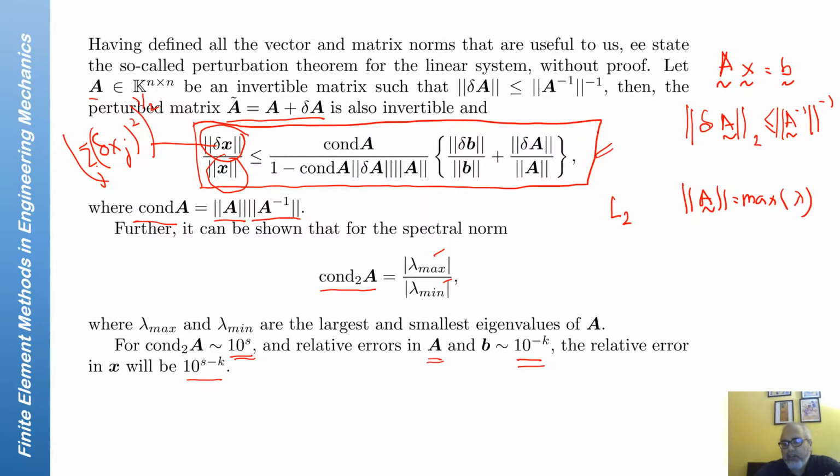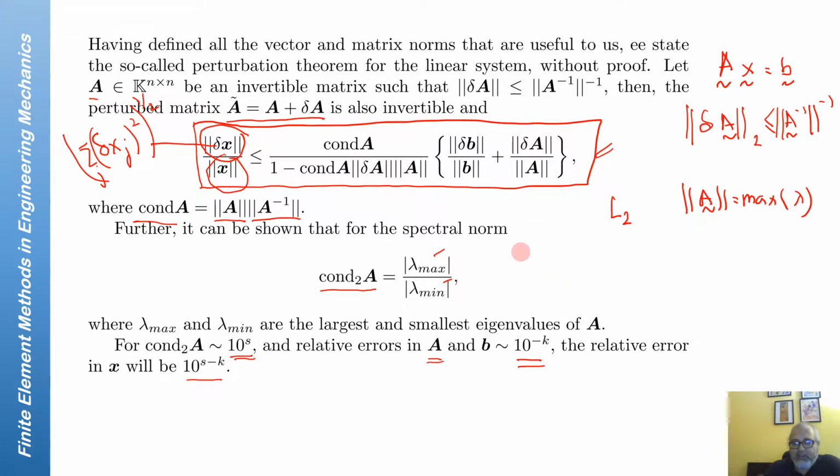Even when A is non-singular, there might be a large error in x if you commit a small error in, let's say, b. Okay, so this is the result that I wanted to highlight, and you must keep it in mind.